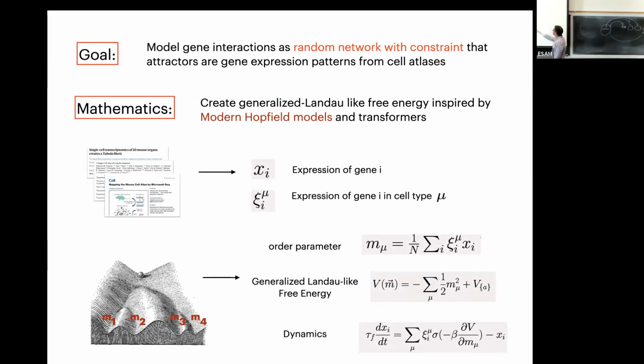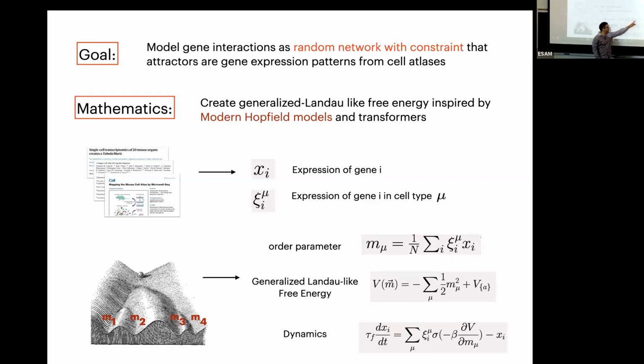The basic idea is that let xi denote the expression of a gene, and then this zeta, what is this? Zeta mu i is the expression of gene i in cell type mu, and this we get straight from the atlases. Then we're going to make these things we call order parameters, which are basically magnetizations.